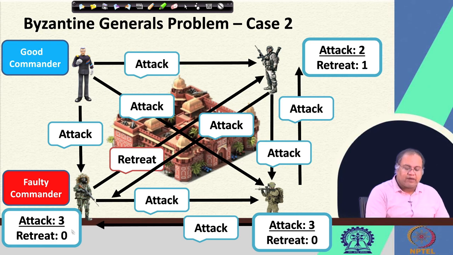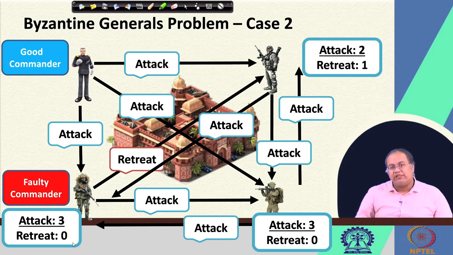For this one also I have 3 attack and 0 retreat. What we see is that even in the presence of a faulty lieutenant, all the lieutenants agree on the same value, that is an attack, which has been voted by the majority.